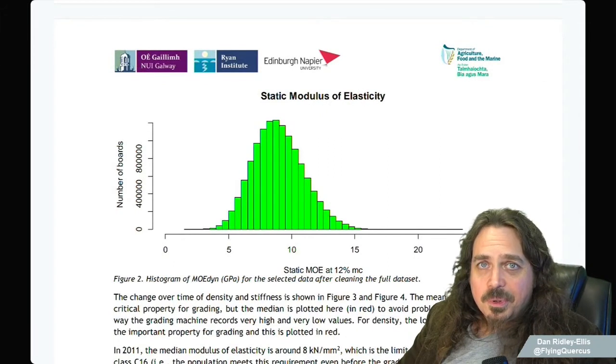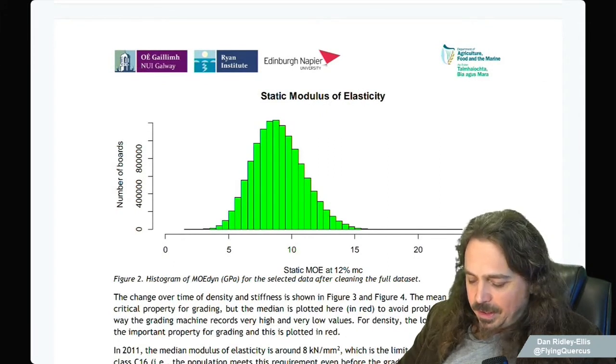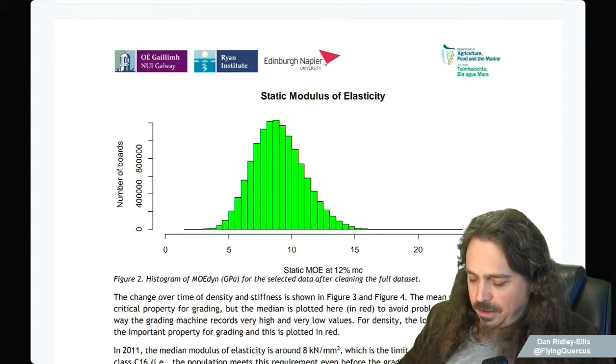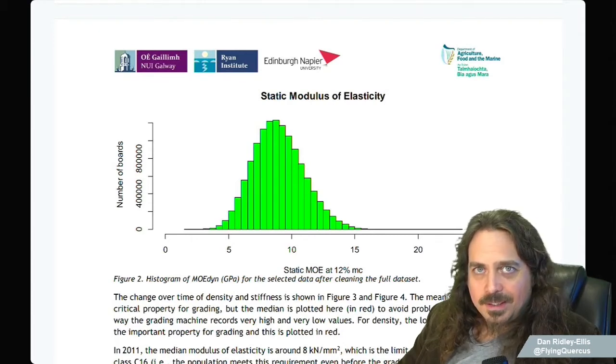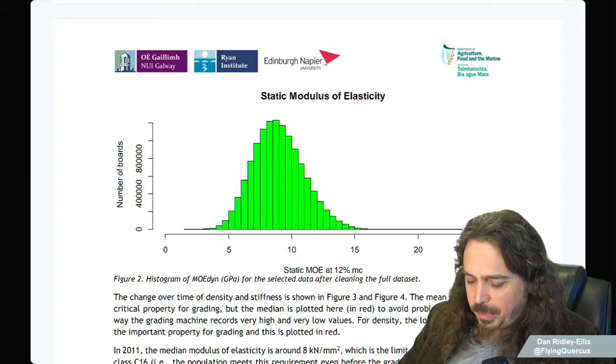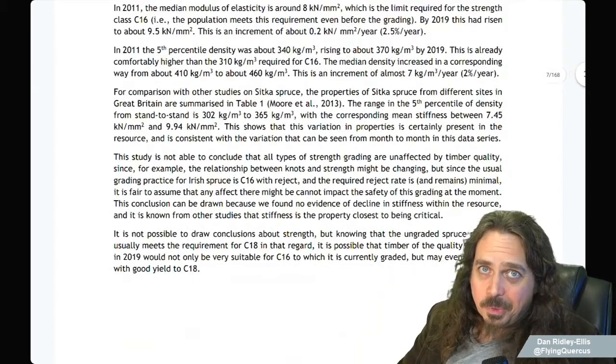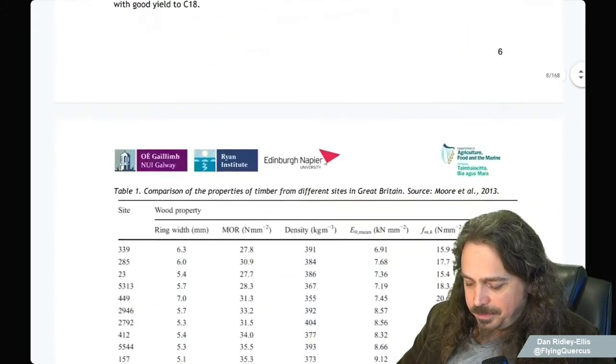We as well assume that stiffness is normally distributed, and you can see as well that it's not quite, it's slightly skewed. The stiffness of Balcas's timber is slightly higher than we expected, but it's definitely in the ballpark of what we'd measured with our previous research.